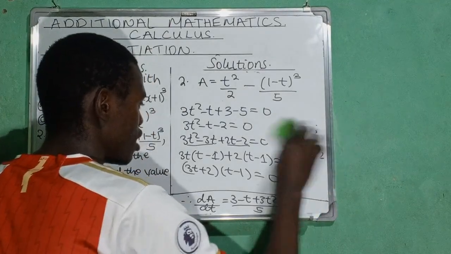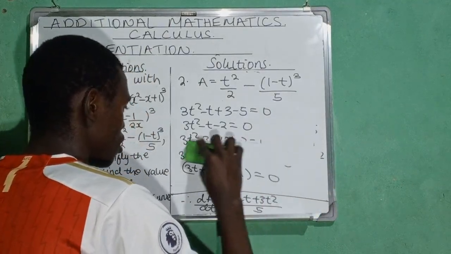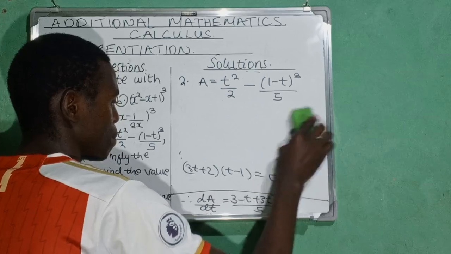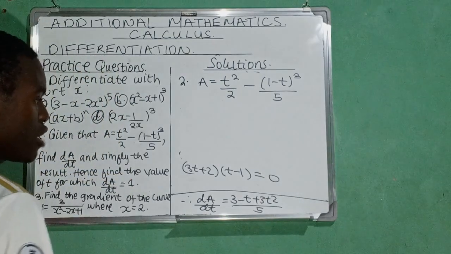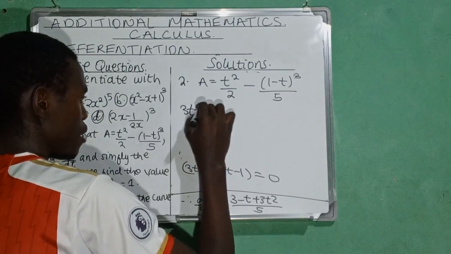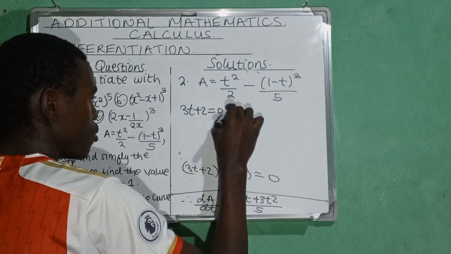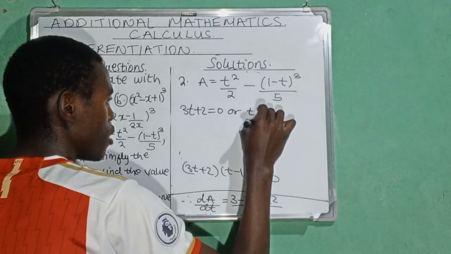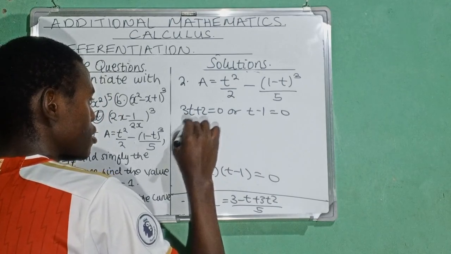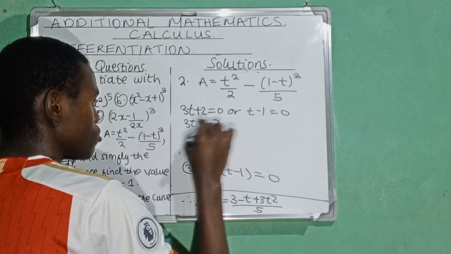Okay, so we can just clean up to create more space. We get the first bracket here, 3t plus 2 is equal to 0, or t minus 1 is equal to 0. If you simplify here, we're going to have 3t is equal to -2.